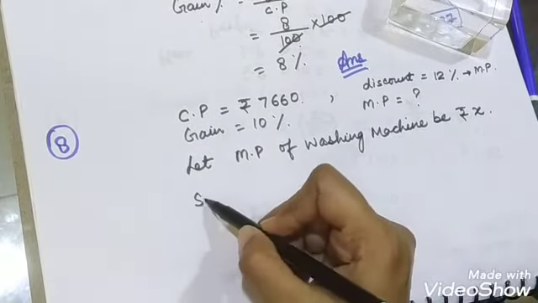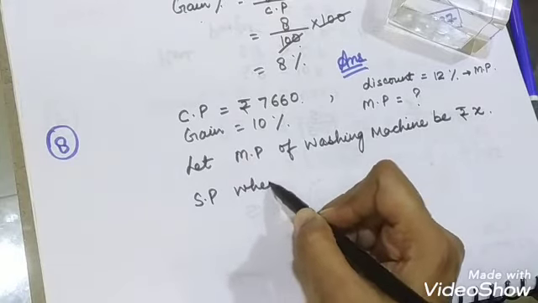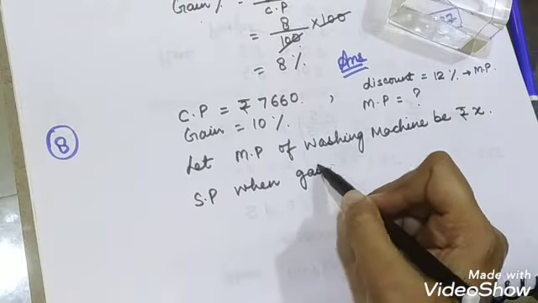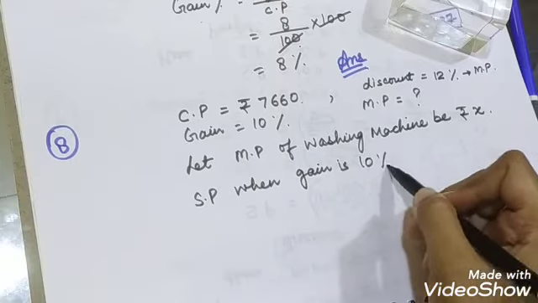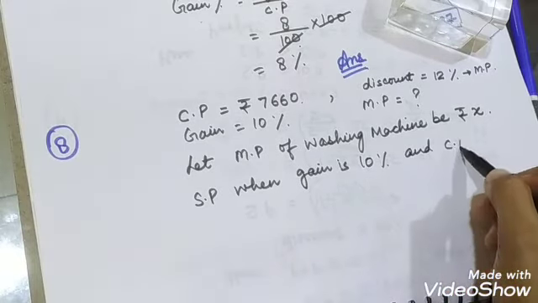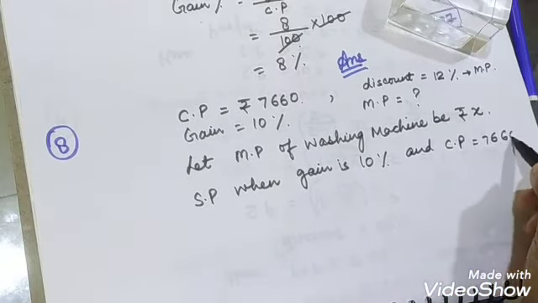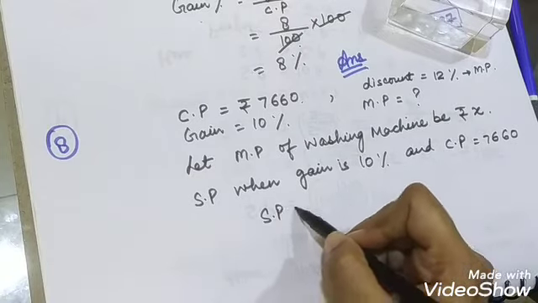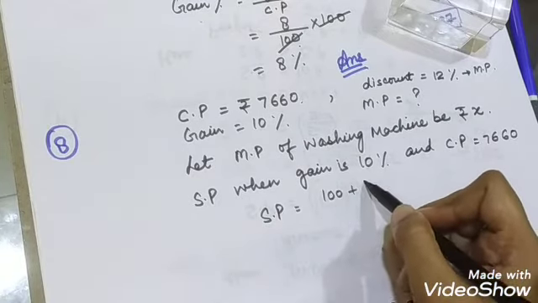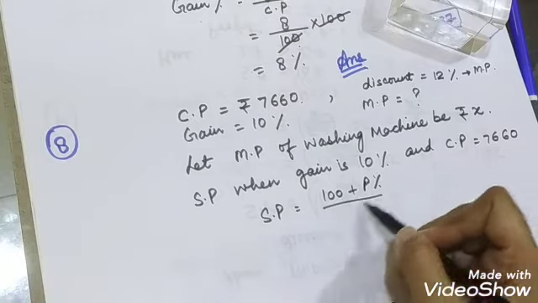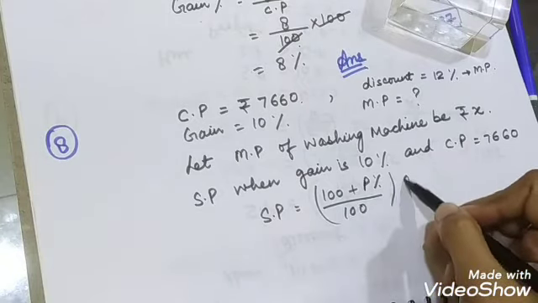Now selling price, when gain is 10% and CP is given as this. So we use the formula of selling price, 100 plus profit percent upon 100 into CP.